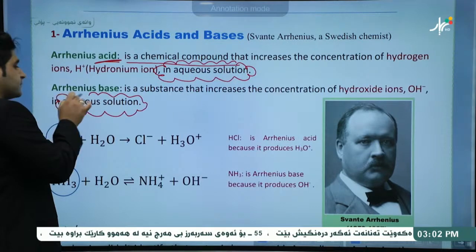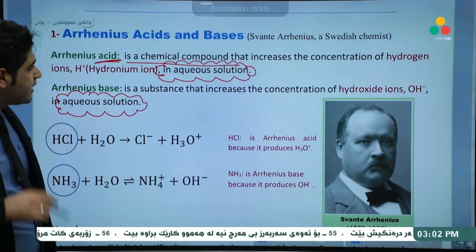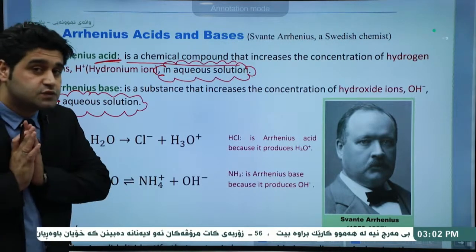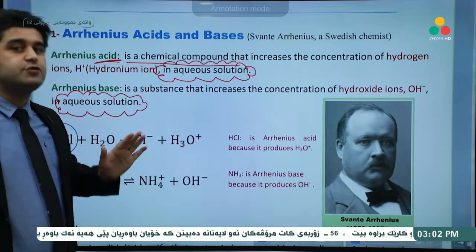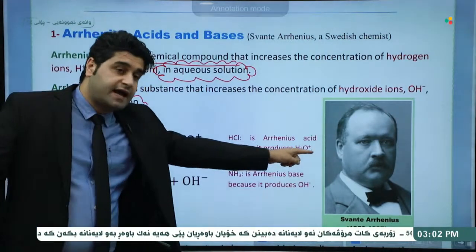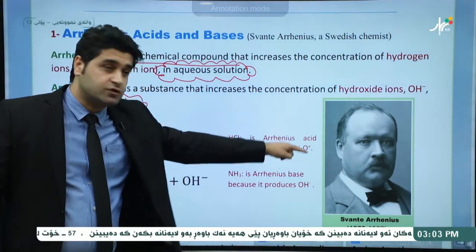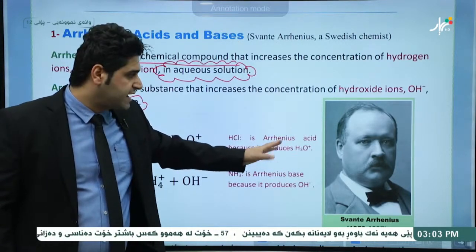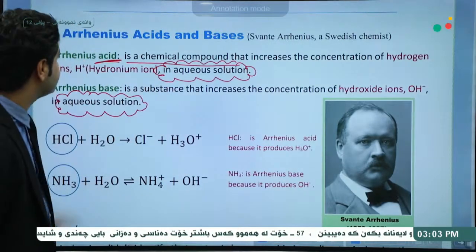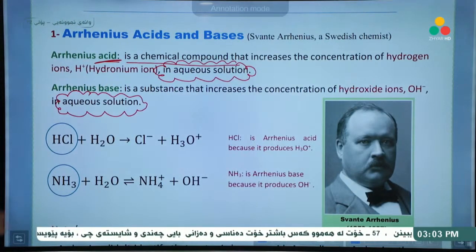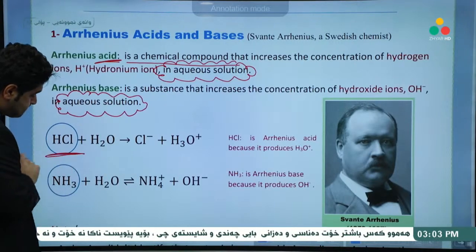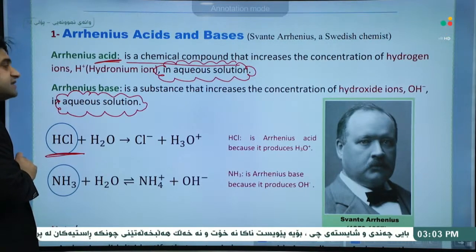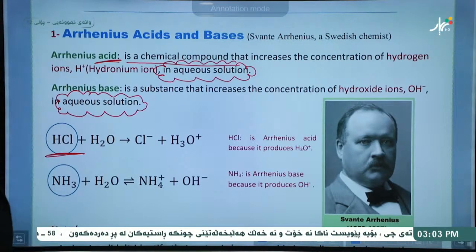So that means to decide whether a compound is an Arrhenius acid or an Arrhenius base, we should have an aqueous solution. What? Aqueous solution, according to Arrhenius. According to Arrhenius, that man liked water too much, so it should have a swimming pool, according to this definition. For example, we have HCl. We know that it's an acid, but let's discuss the acidity according to Arrhenius theory.